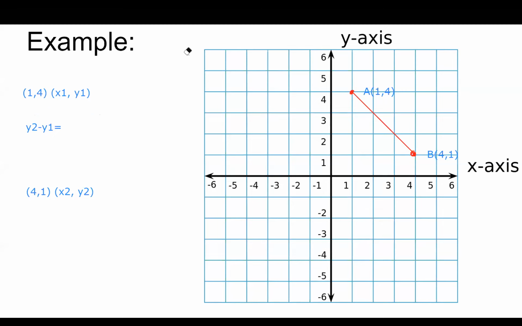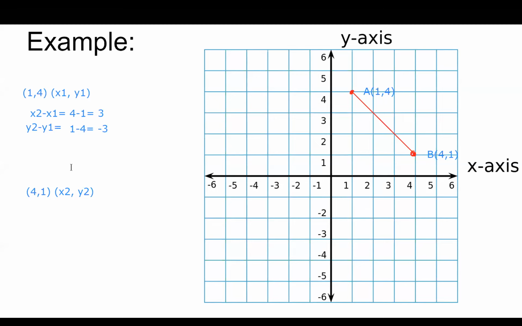So I start with my X's again. So when I say X2 minus X1, it is equal to 4 minus 1. That equals a 3. Whereas my Y2 minus Y1 would now be 1 minus 4. That equals a -3.